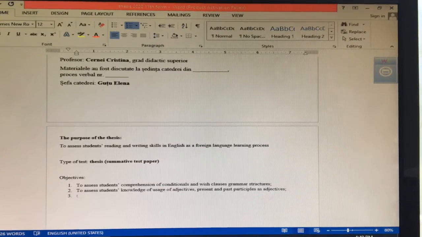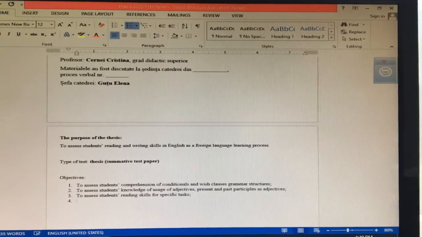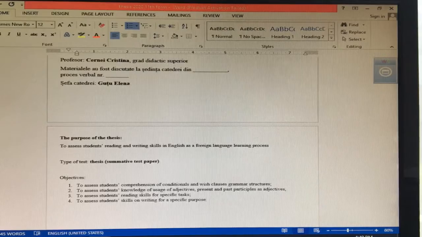To assess students' reading skills for specific tasks, and to assess students' skills on writing for a specific purpose. So these are my 4 objectives.